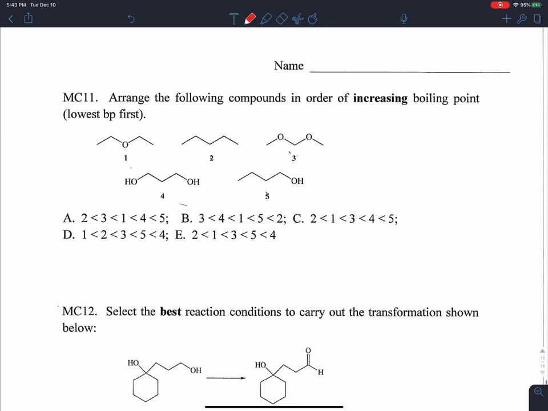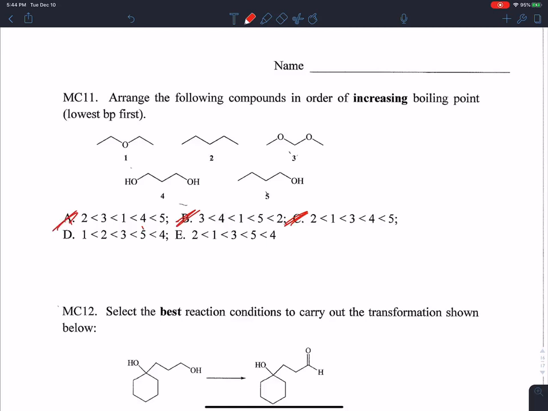Next one, they're trying to figure out which one has the best boiling point. Well, the one that has the best boiling point would be the one with the most hydrogen bonding, which is there. The next one would be this, so this one would be first, this one would be second. Oh, they want the lowest boiling point first, so we're going to call this one 5, this one is 4. Okay, 4 should be at the end, so that can't be this, and it can't be this.